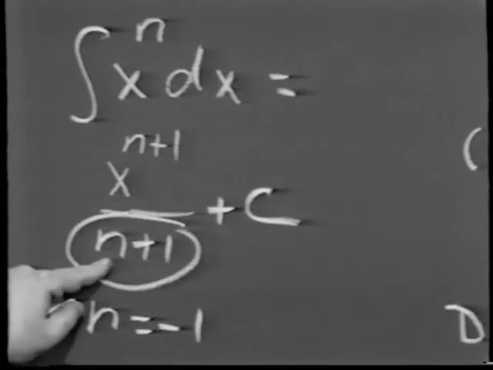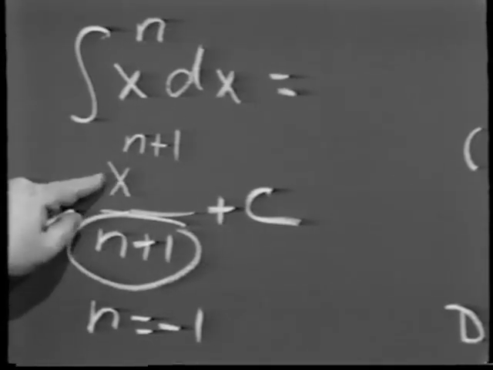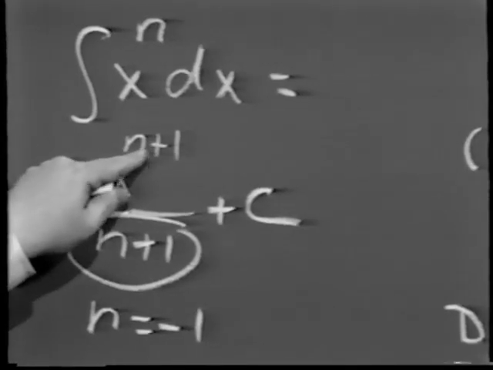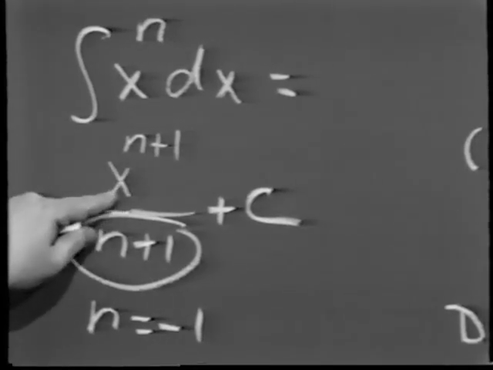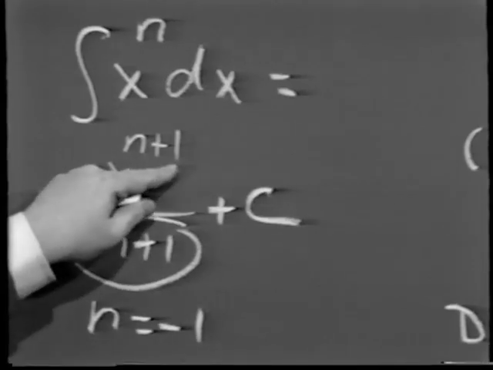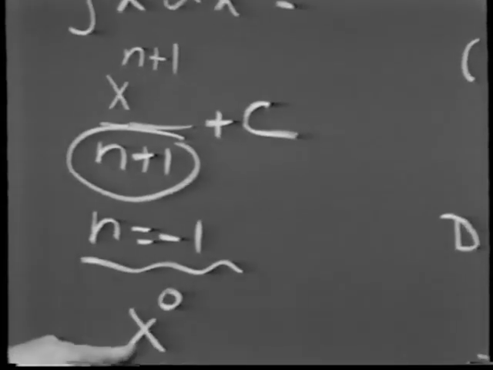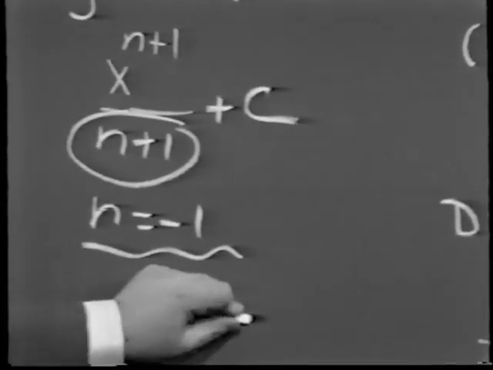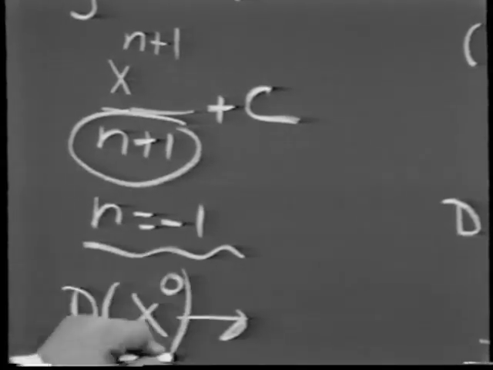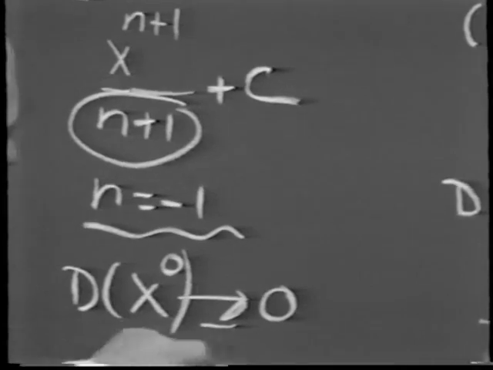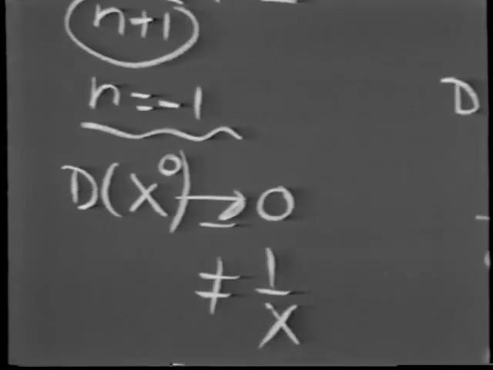From another point of view, the way to look at this is we said that when you differentiate, you lower the exponent by 1. Notice that to wind up with an exponent of minus 1, we would have had to start with an exponent of 0. But when you differentiate x to the 0, that being a constant, the derivative is 0, it's not 1 over x.